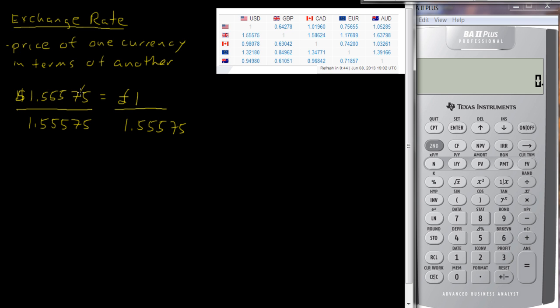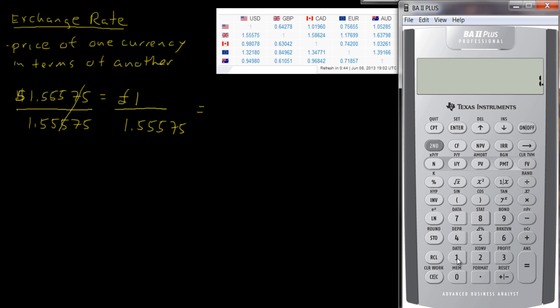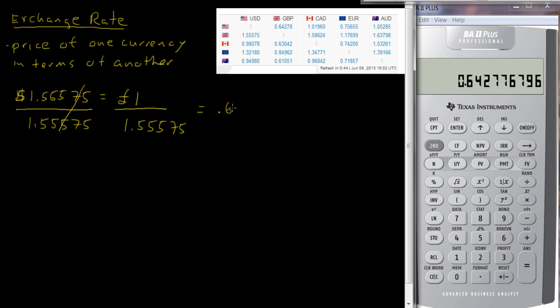This cancels, and this is going to be equal to 1 divided by 1.55575, and we get 0.6427 if we round off, which is exactly what we get in the other part of the table, the indirect quote for the pound sterling. So this is going to be equal to 0.64278. And you can check it out for yourself.